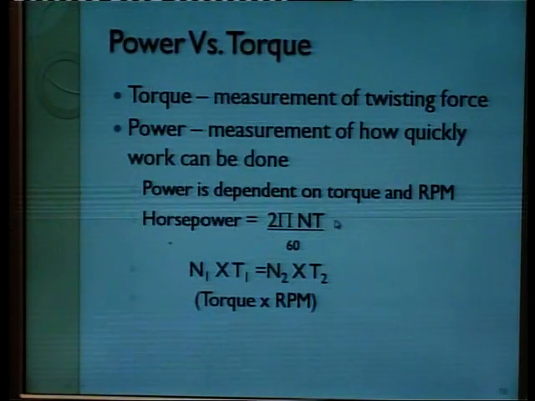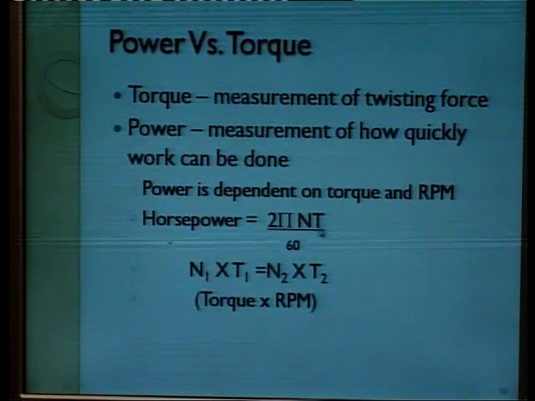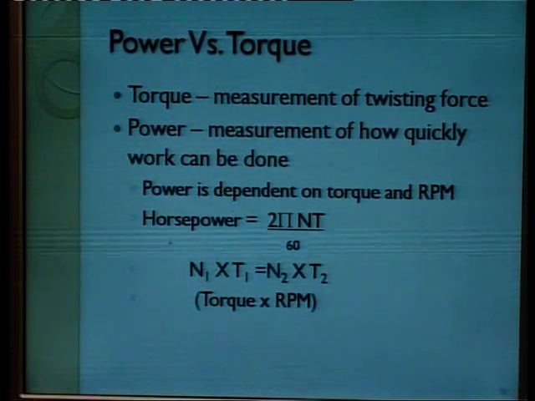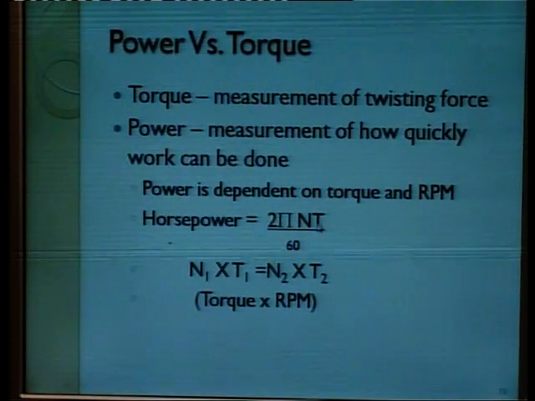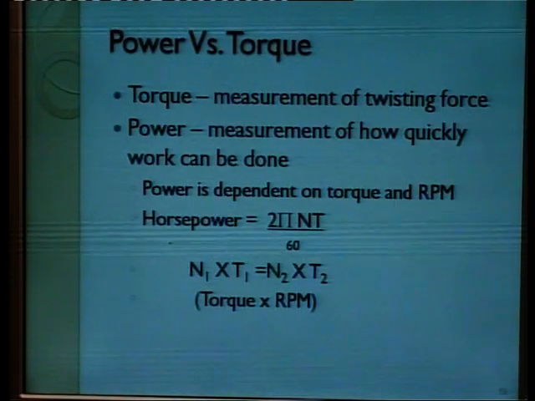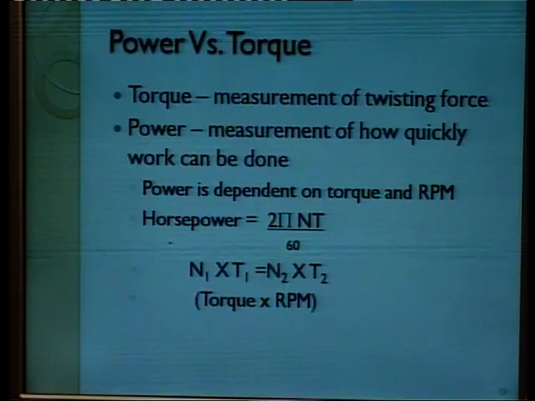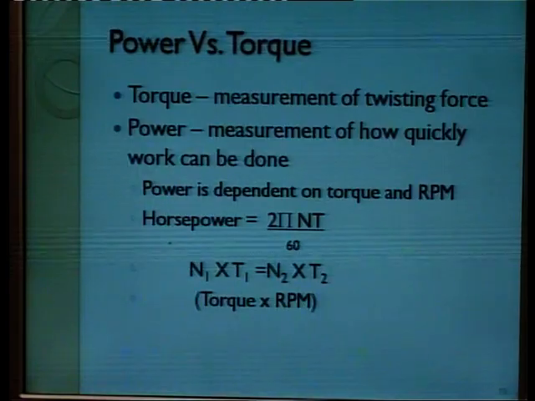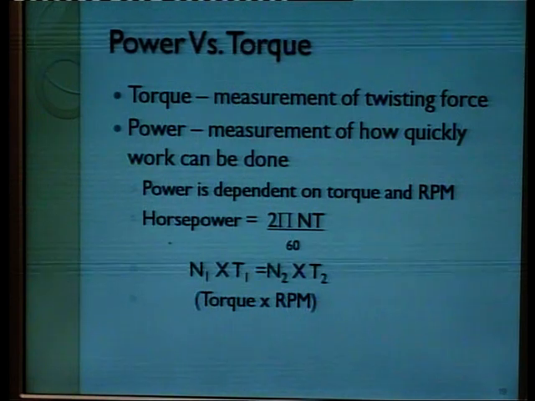As I have already told, the engine develops power in a narrow range of torque and RPM, whereas the gearbox helps us get a wide range of torque and RPM as required for different load conditions. But the second main question is, what is the gearbox doing? Is it developing power? No, it is just altering the combination of torque and RPM. It has nothing to do with the power.